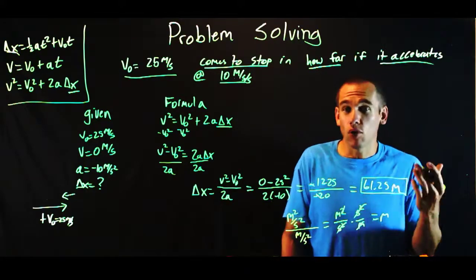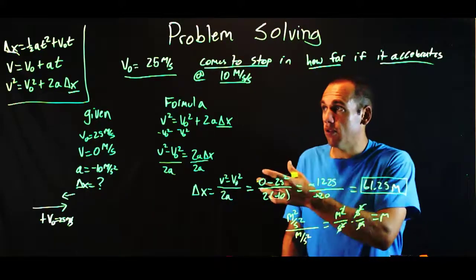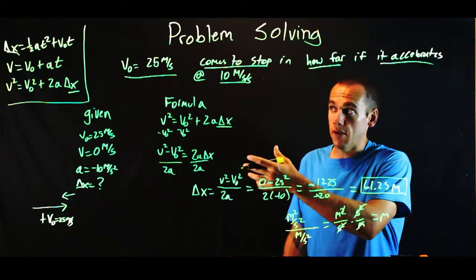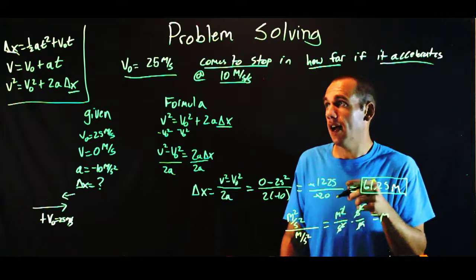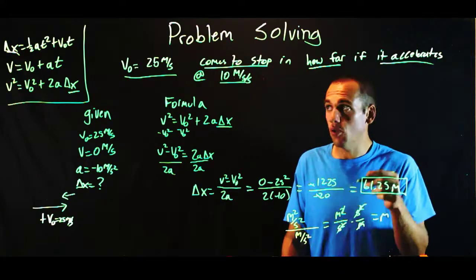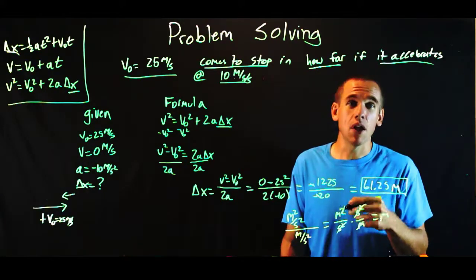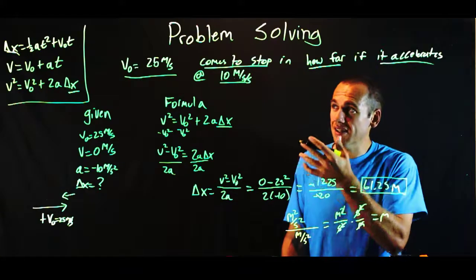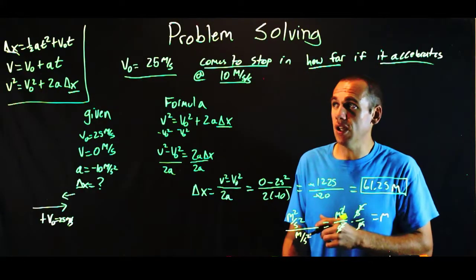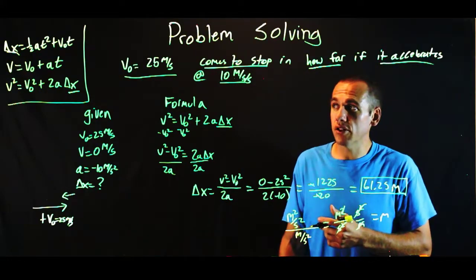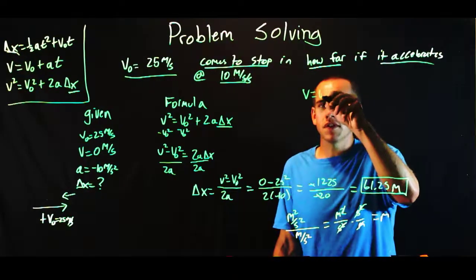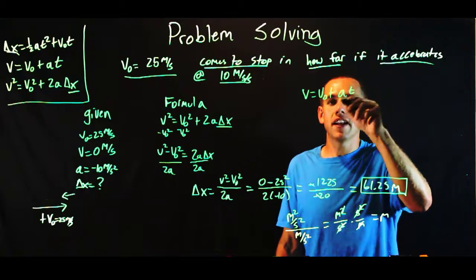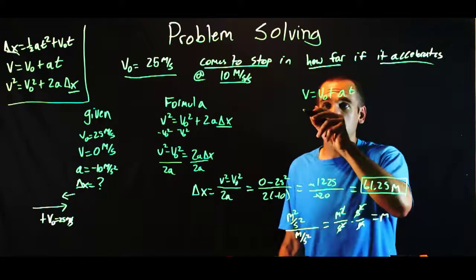Now if I want to know how long it took, I just have to pick another equation. And now I could use either of them, right? I could use my first equation because I know my delta x, and I know my initial velocity, and I know my acceleration, so I could find time. Might be a silly way to do things because that time involves a quadratic equation, and I don't want to solve the quadratic if I don't have to. So I'm going to use the second equation, v equals v naught plus at, or final velocity equals initial velocity plus acceleration times time.